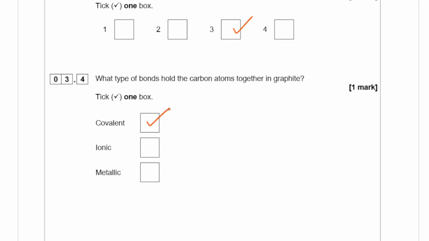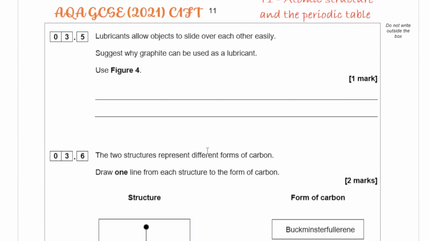That is covalent, because covalent is between nonmetals. Lubricants allow objects to slide over each other easily. Suggest why graphite can be used as a lubricant, since the layers can slide over easily.